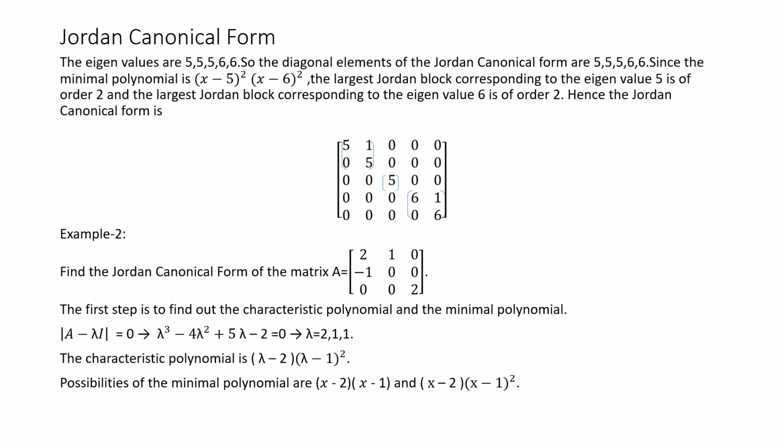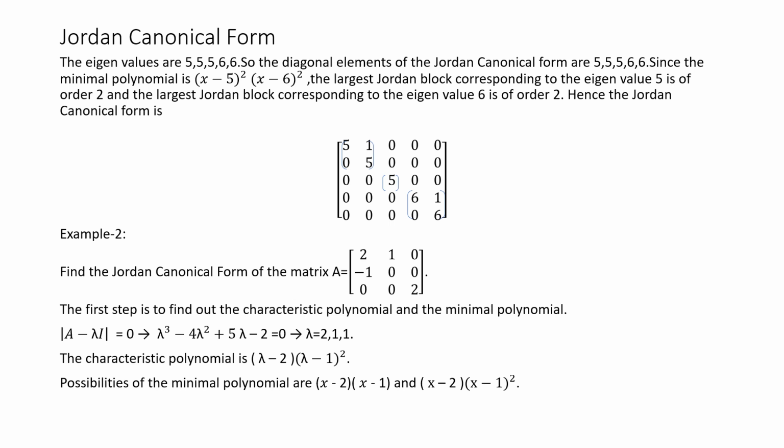In the case of 6 also, to write a Jordan block of order 2, we need two 6s and the corresponding Jordan block is 6, 1, 0, 6. The different Jordan blocks are marked in the matrix and all other elements will be 0 in that. So this is the Jordan canonical form of the given matrix.